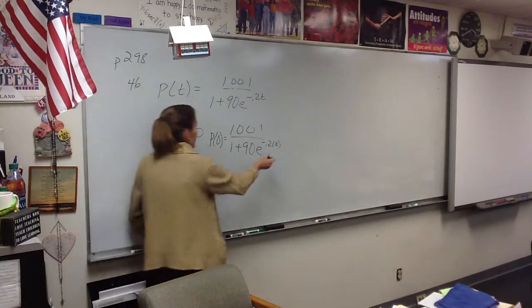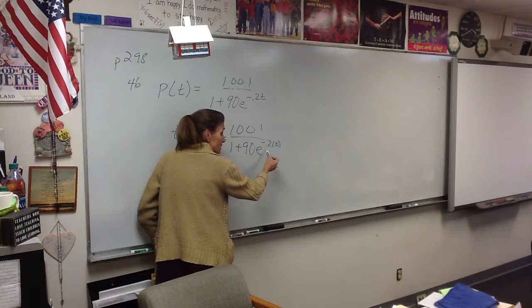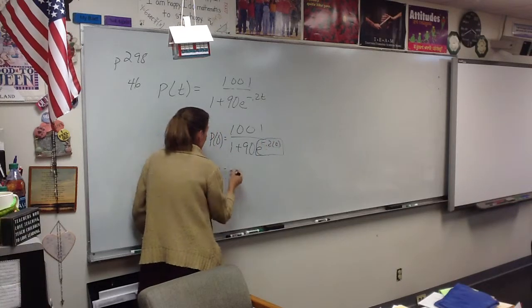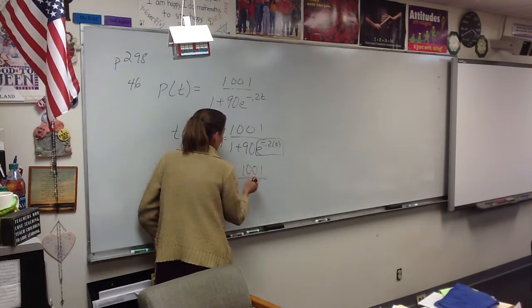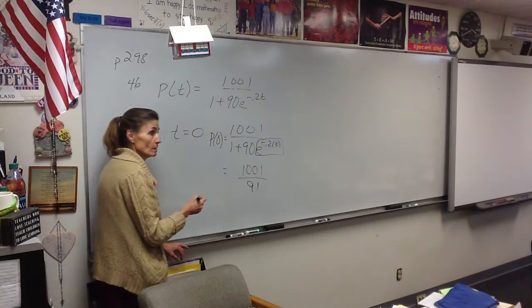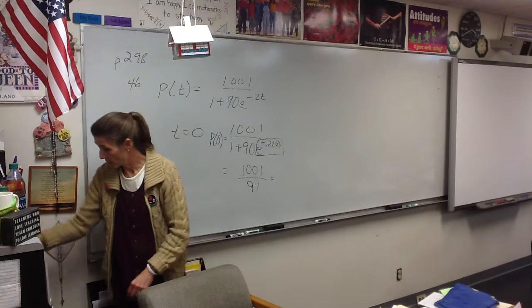All right, what happens when I put in 0 right there? That becomes 0, and this becomes 1. So I have 1,001 divided by 91. That will tell me how many deer I had to start with.